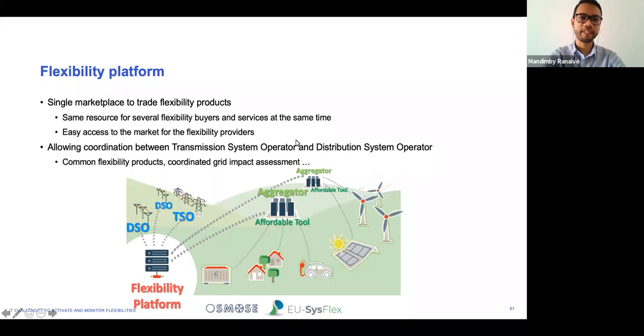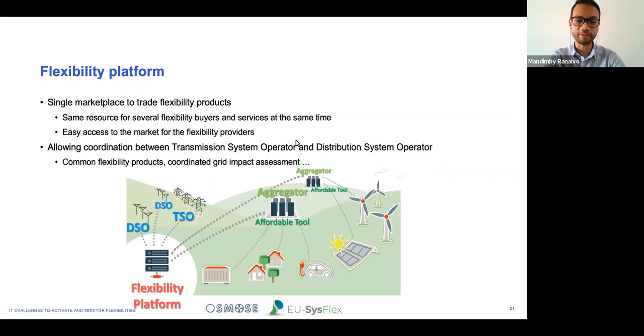First, what kind of flexibility platform have we implemented in this demo? It is based on the single marketplace approach, in which we have on one side the flexibility buyers, and on the other side the flexibility providers, and they trade flexibility products.